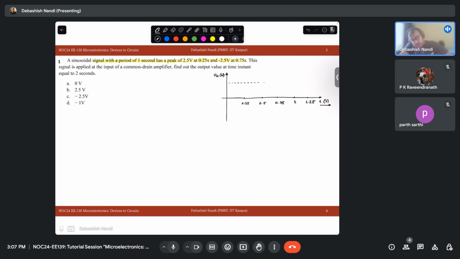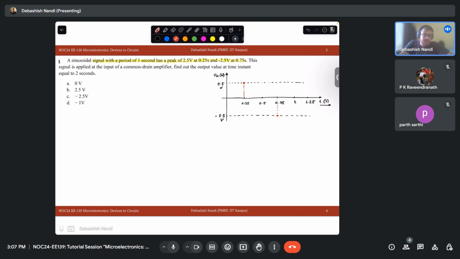It is given that the signal swings between plus 2.5 to minus 2.5 volt. So let us say this is 2.5 volt and this is minus 2.5 volt. At 0.25 it achieves a maximum value, and at 0.75 it achieves the minimum value, and it is a periodic signal, so you can safely assume it is a sinusoid.